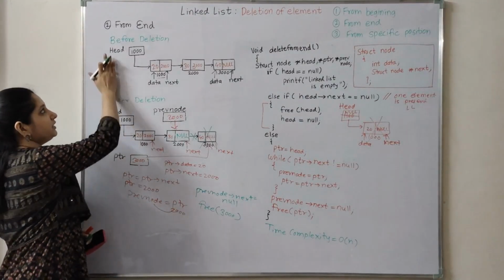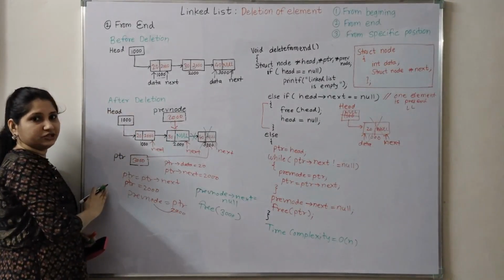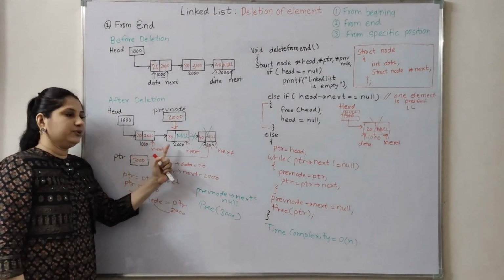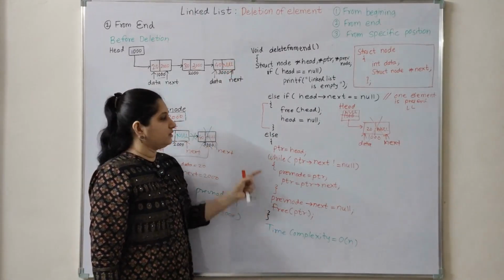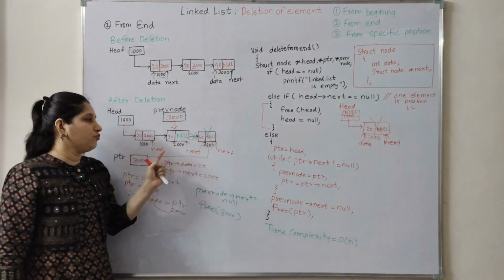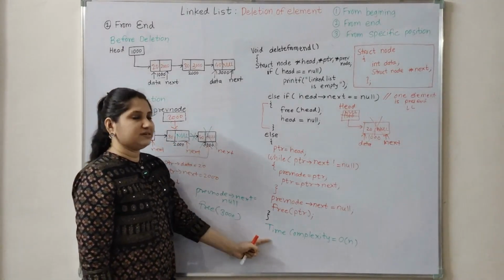So this will be the linked list before deletion, and this will be the linked list after deletion, which will consist of only two elements. In this way we will execute this code, and this else block will be executed when the linked list consists of two or more elements. What is the time complexity for this program?